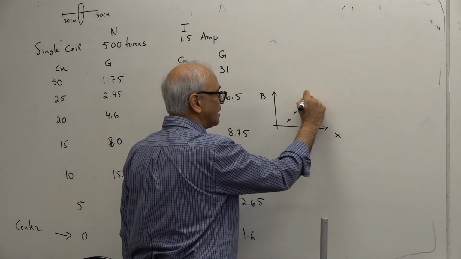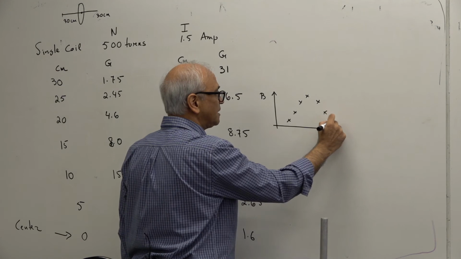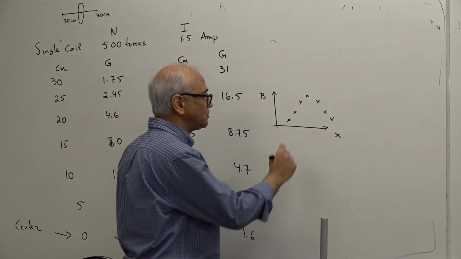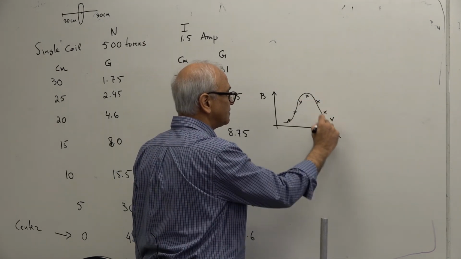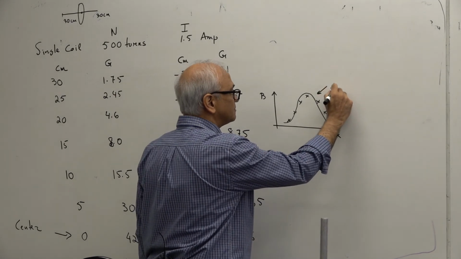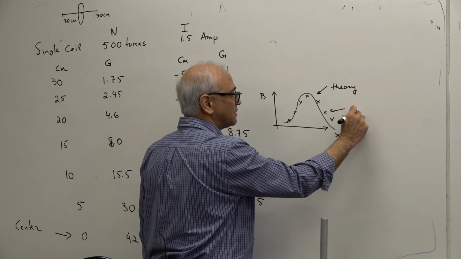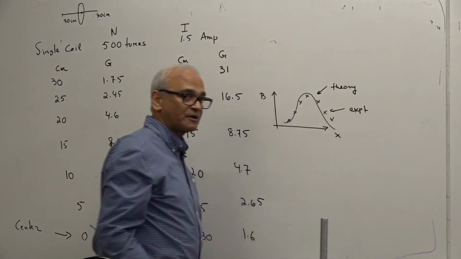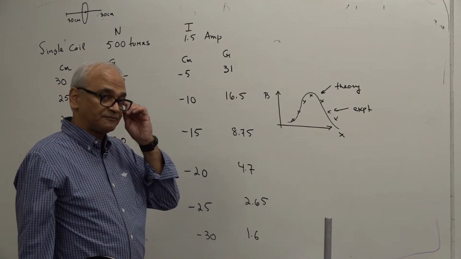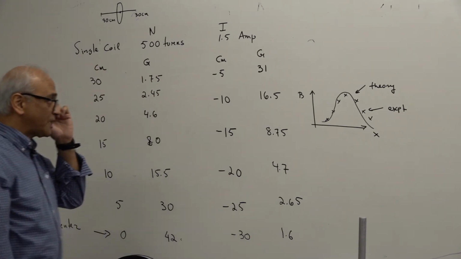But then what I want you to do is the theoretical graph. So this would be theory, and that would be your experiment values. I want you to compare them directly with that graph. Okay, so that's for single coil.